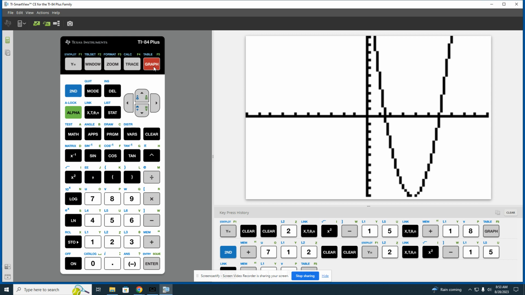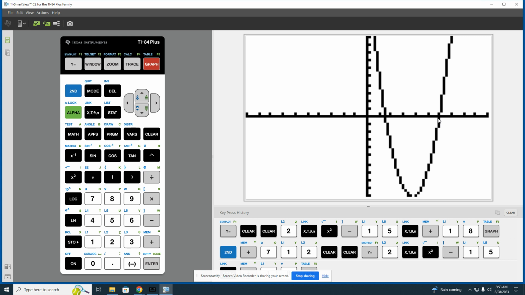We know all these things, but we also talked about the fact that these things cross the x-axis where? What is this value? 1.5, it looks like to me, doesn't it? It's right in between 1 and 2. And then, let's see, that's 1, 2, 3, 4, 5. So it crosses at 1.5, and it crosses at 6.